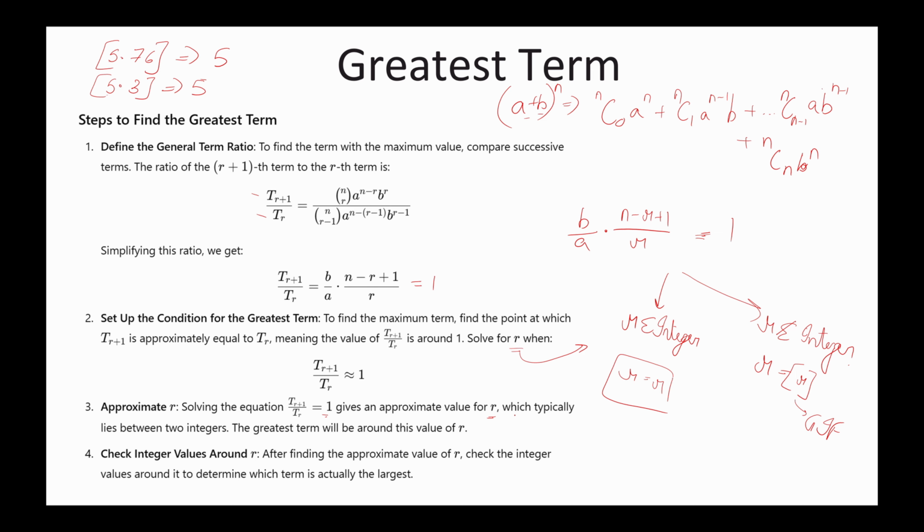If I get an approximate value of r, I simply have to take the greatest integer, and then check the integer values around r to determine which term is actually the greatest. Once I've determined my r, I simply find the rth term and the (r+1)th term. Out of these two terms, one is going to be my greatest term. So this is how we find the greatest term in this entire expansion.